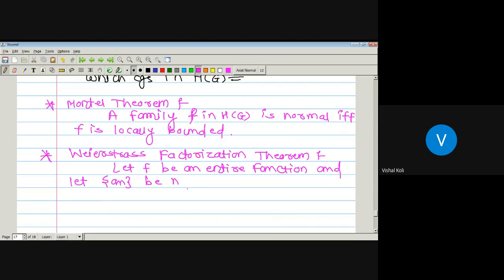be the non-zero zeros. Non-zero zeros means which are not equal to zero, but they are the zeros of the function f, repeated according to their multiplicity.